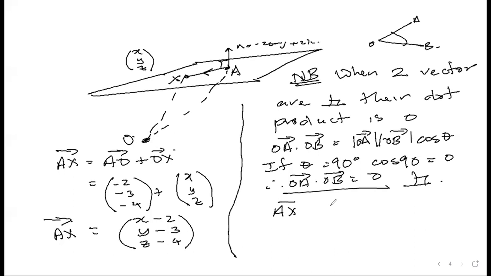As long as there's a point x, y, z anywhere in the plane, then AX would be equal to x minus 2, y minus 3, z minus 4. The dot product of AX and n must be equal to 0 since they are perpendicular. That sets us up to find the equation of the plane now.